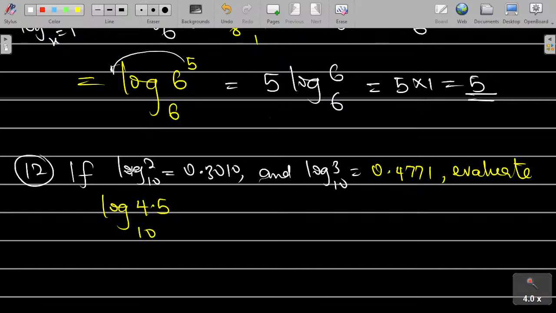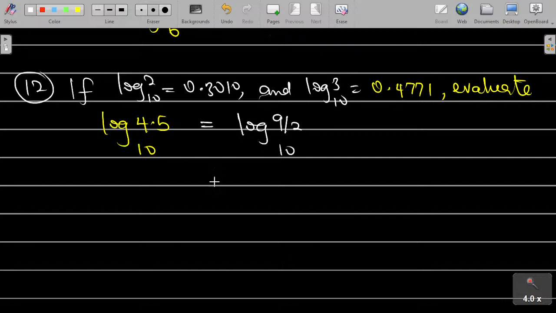That's very straightforward. All you need to do is, whenever there is a decimal, always try to first of all change it to a fraction and see what it will give. So this will be log of 9 over 2 base 10. And so you are going to have that this is equal to, now by division, remember we said up there that division is the same thing as subtraction of logs.